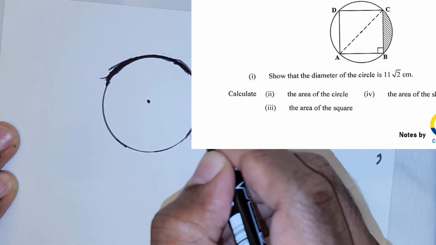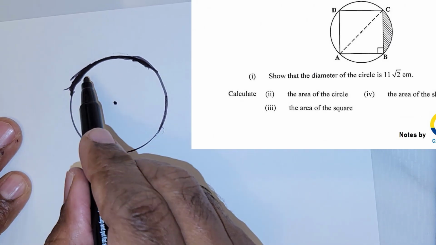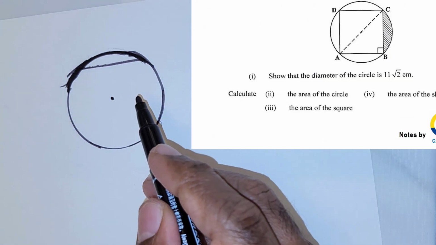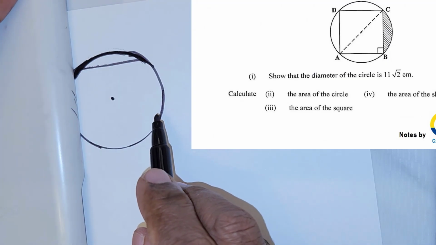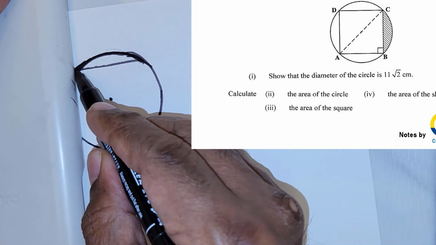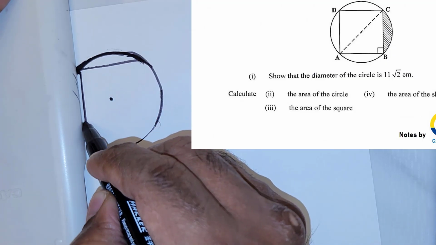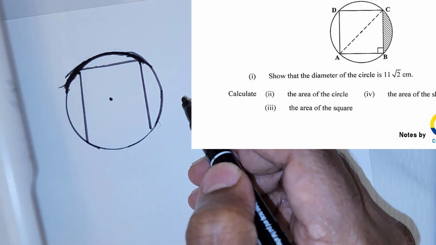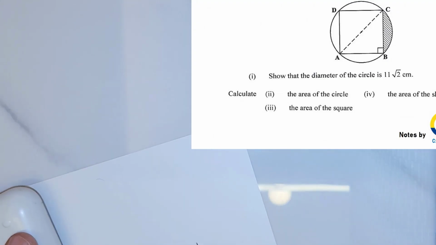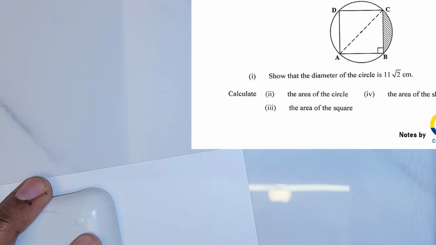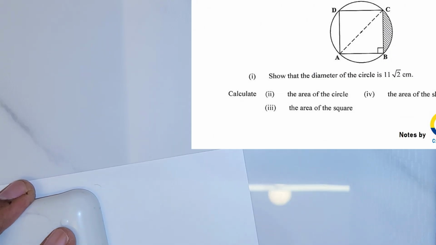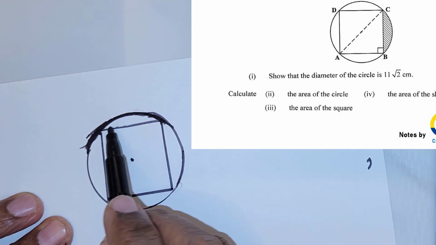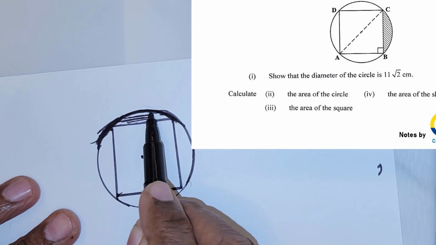So this is the center. Now inside the circle we have a square. Now, one portion is shaded.